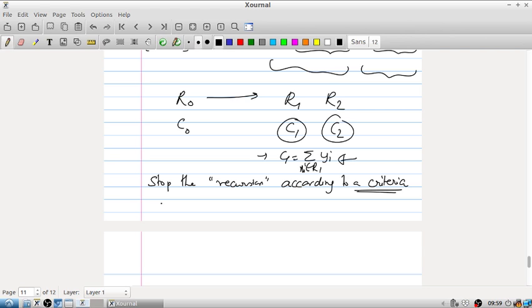Okay, so at this point, once you stop, you already have a tree. Let's call it T naught. This is just a notation; T naught is just representing a tree. Just to touch back on the basics, a tree is just a graph where there are no cycles.